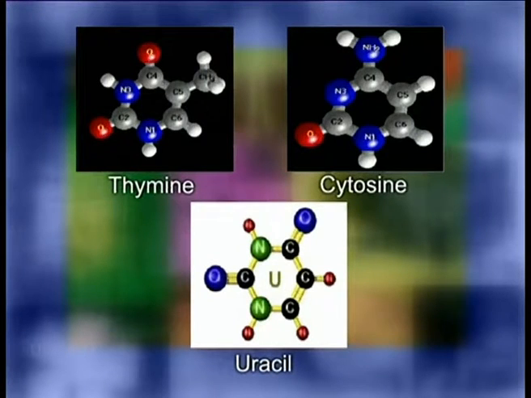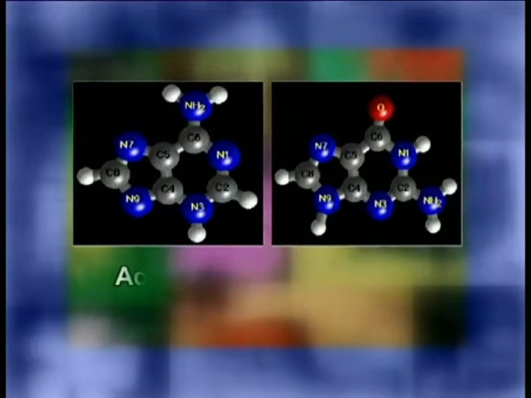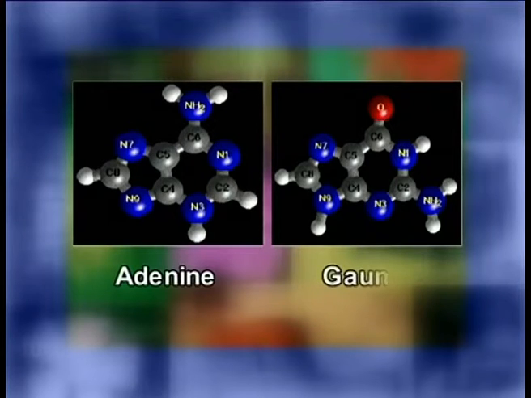Thymine and cytosine are found in DNA, whereas cytosine and uracil are found in RNA. The purine has a double ringed structure, that is, a 5-member imidazole ring is attached to the 6-member benzene ring. Purines are of two types: 1, adenine, and 2, guanine.